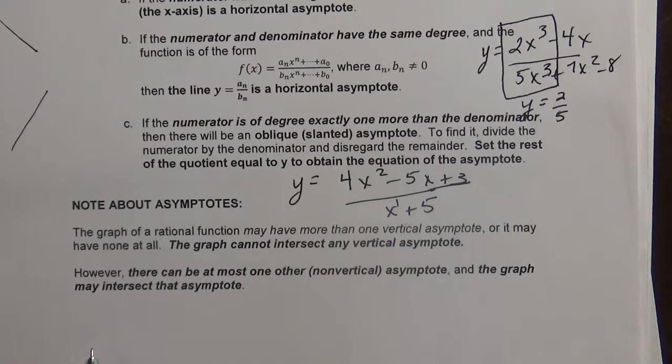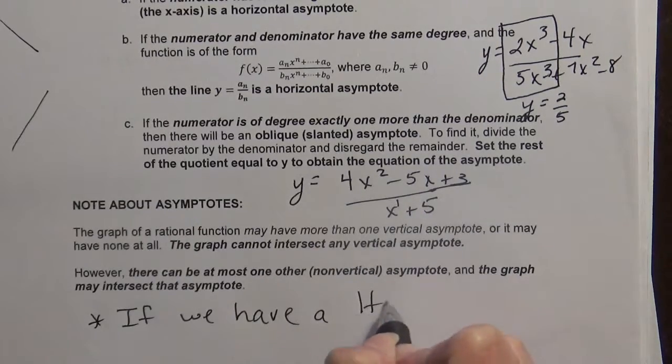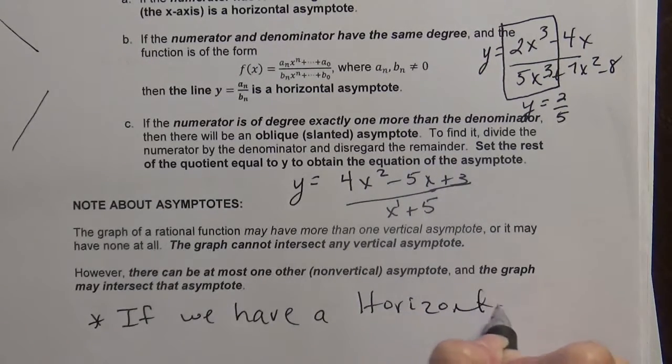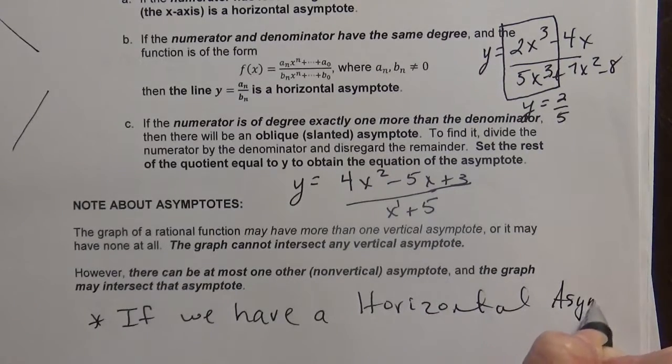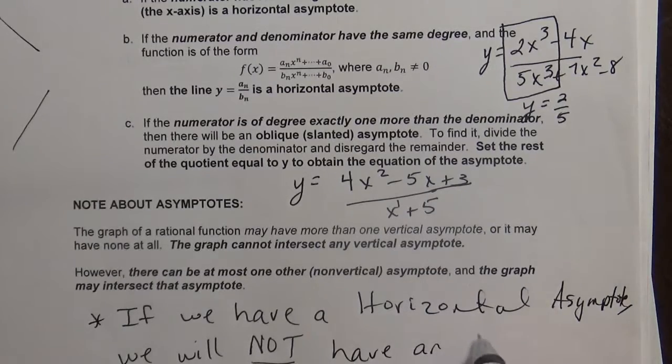If you have a horizontal asymptote, you will not have an oblique asymptote. If you have an oblique asymptote, you will not have a horizontal asymptote. So you might want to write that down. If we have a horizontal asymptote, we will not have an oblique asymptote, and vice versa.